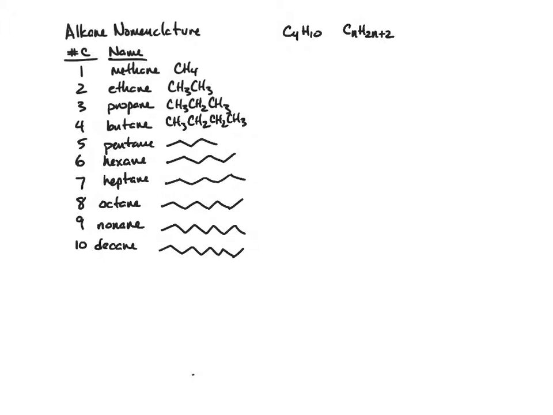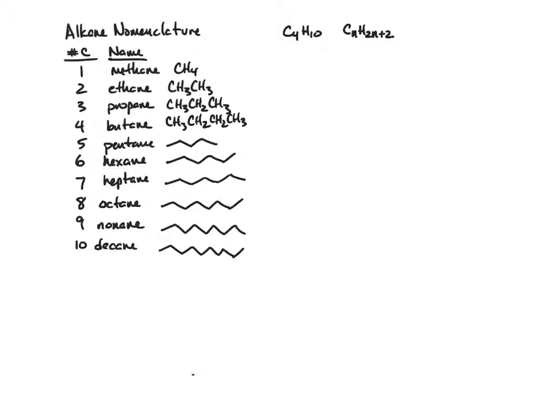So here n is 4, 2 times 4 is 8, plus 2 is 10. So this is a saturated alkane. And the problem that we want to do is determine all the constitutional isomers we can for that molecular formula. Knowing that there's no degrees of unsaturation, every carbon has to be sp3 hybridized.